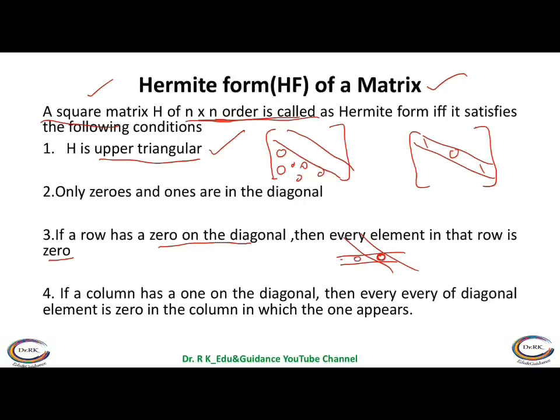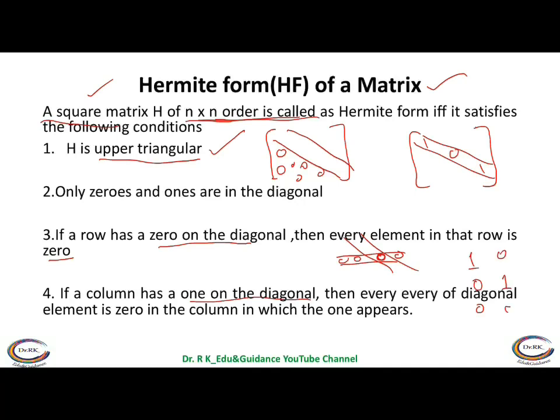Next, if a column has 1 on the diagonal, then every other element in that column is 0. That means if 1 is there in a column, then the rest of the elements should be zeros.